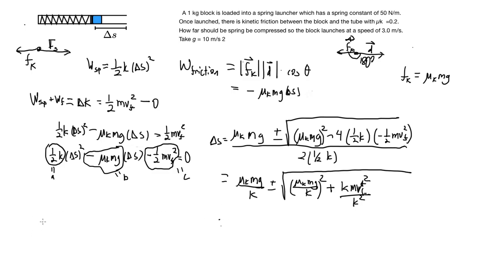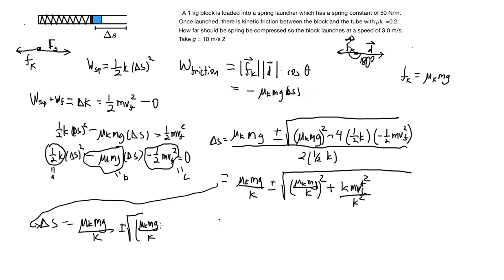I'm going to pull down here and say that delta S is equal to mu k mg over k plus or minus the square root of mu k mg all over k squared plus k m v final squared over k.